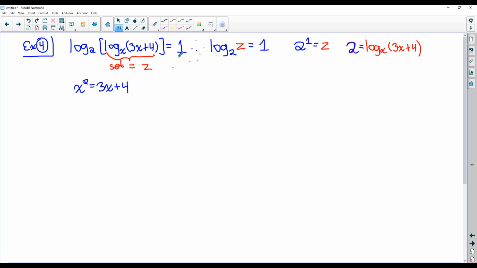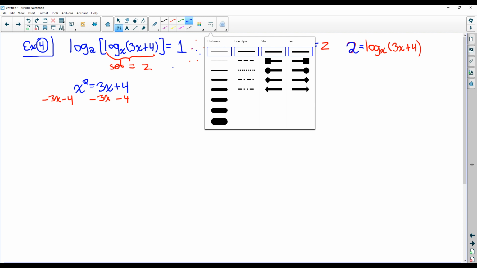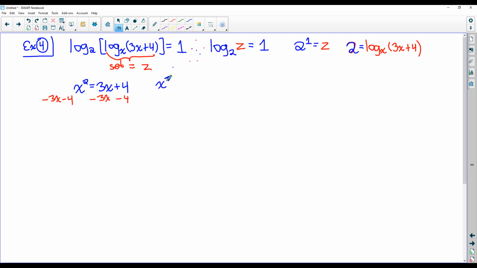Now, this is a quadratic that we have to solve. So move all the terms over to the same side. So we would subtract 3x minus 4, subtract 3x minus 4. And then this would be x squared minus 3x minus 4 is equal to 0.